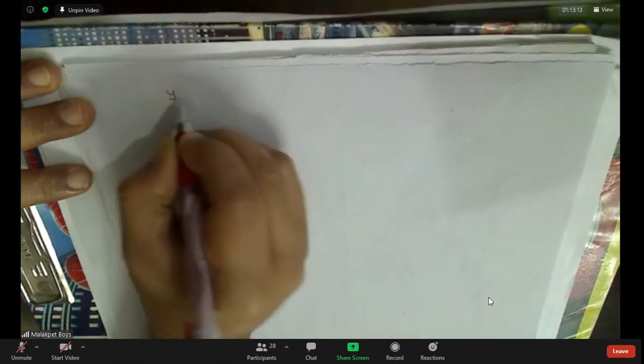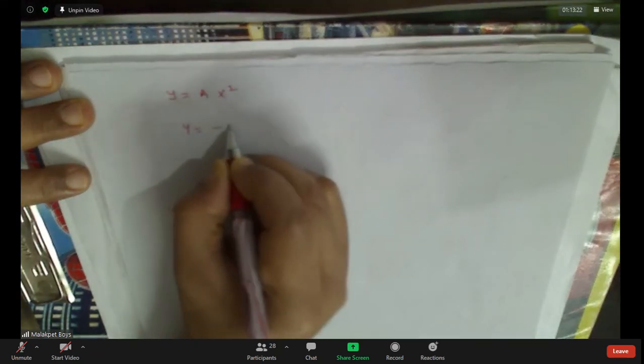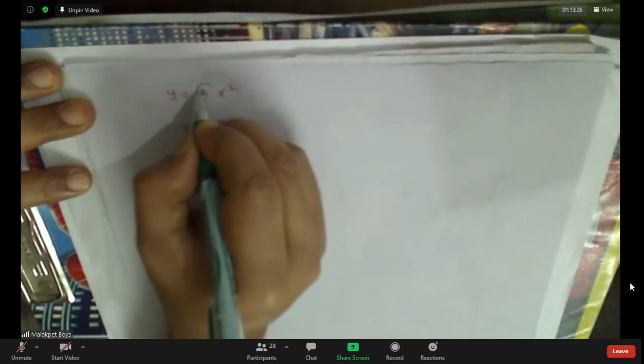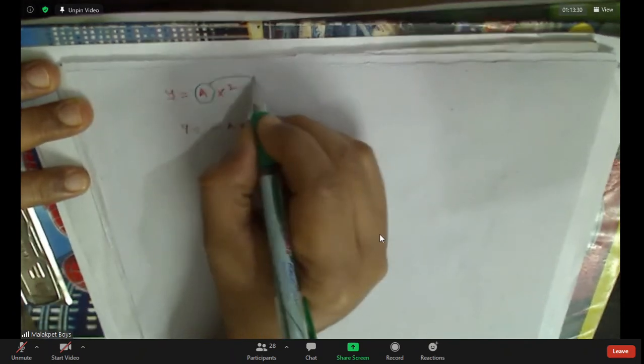See, remember, I'll again discuss this graph. y equals a into x square. Okay, y equals minus a into x square. This coefficient is positive, no? Yes, sir.